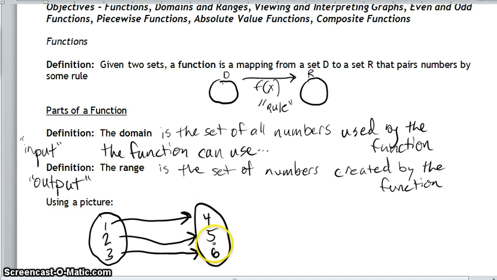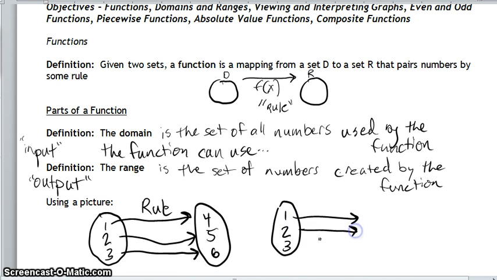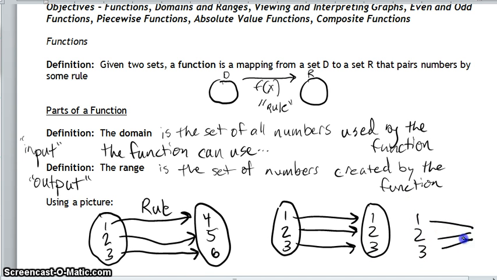It's very basic, but you are taking numbers by some rule. You are creating a new set of numbers. It might be the exact same set of numbers. You might be able to put in numbers and you get back the exact same set of numbers. You might put in this same set of numbers and you get always the same number.